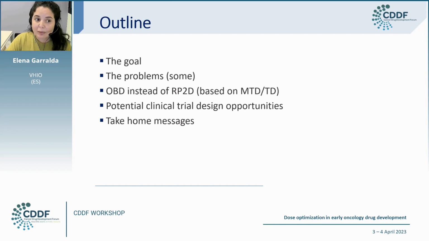In the talk today, we will be speaking about what the goal is when we're speaking about optimizing dosage. What are the problems that we are facing, at least some of them? Why, or what's the rationale of using the optimal biological dose instead of the recommended phase 2 dose based on the maximum tolerated dose? Potential clinical trial design opportunities, and then finally my take-home messages.